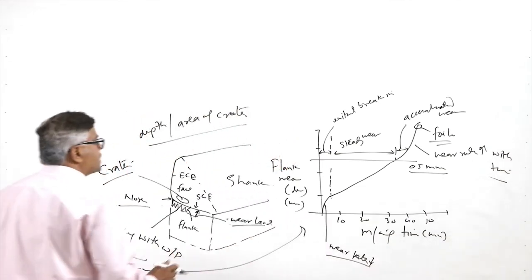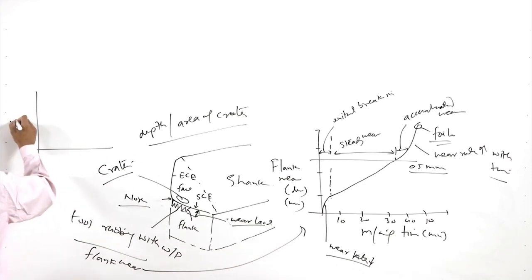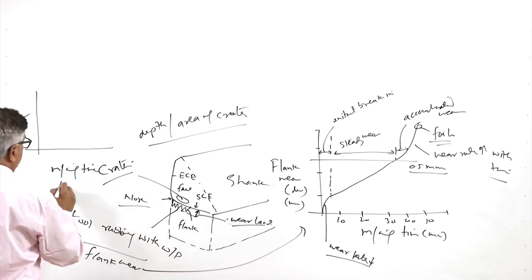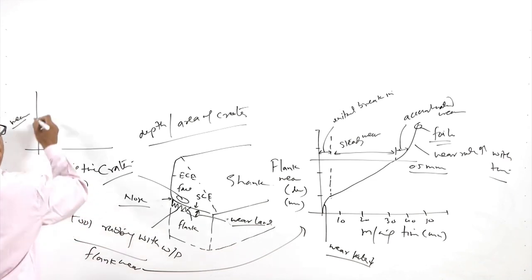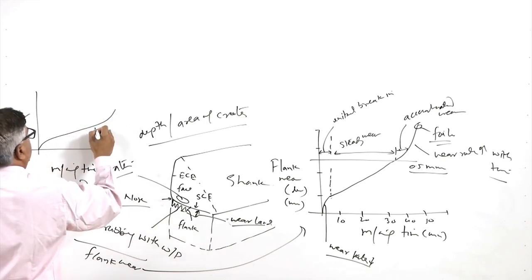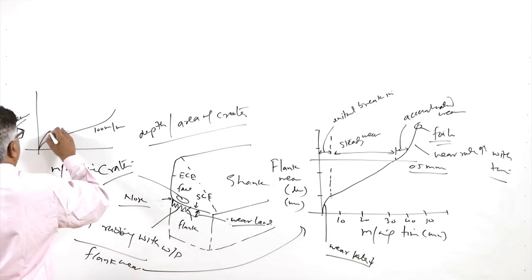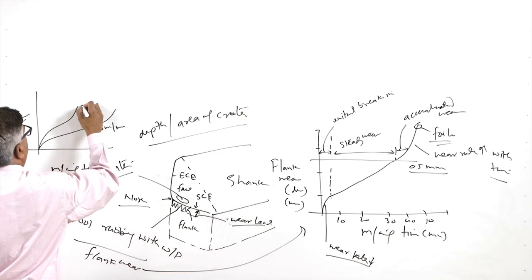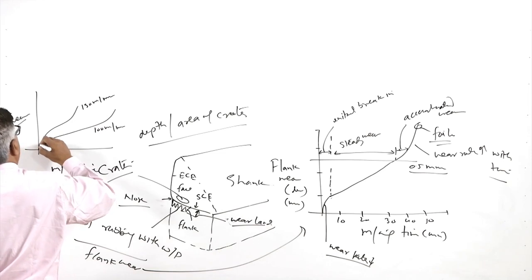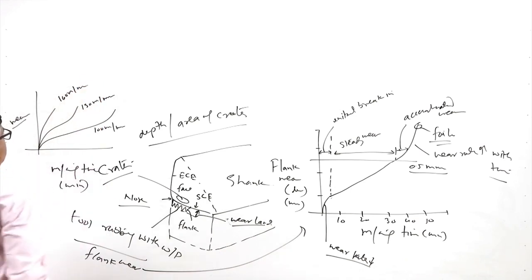So for this kind of situation, if we work with different cutting conditions, here we have the machining time in minutes, and then what we get is like this for, say, 100 meter per minute cutting speed, somewhat like this for 130 meter per minute cutting speed, and further higher for 160 meter per minute cutting speed.